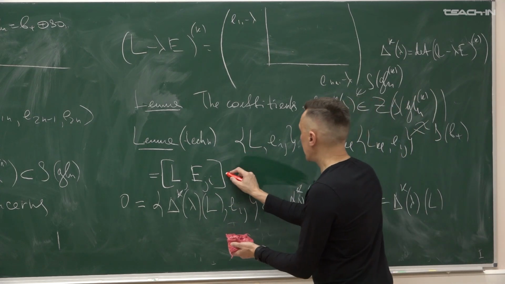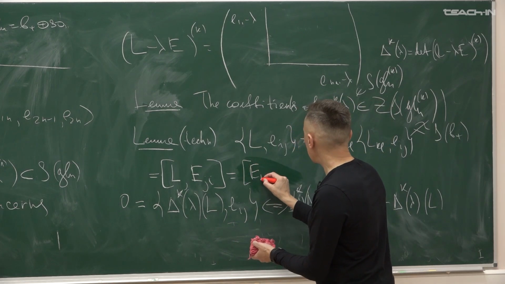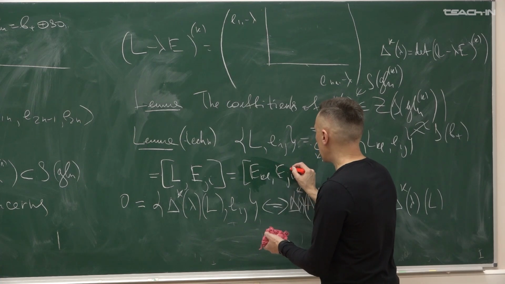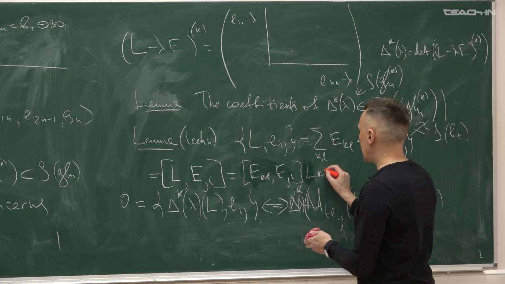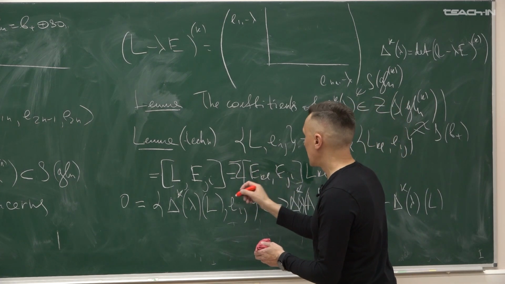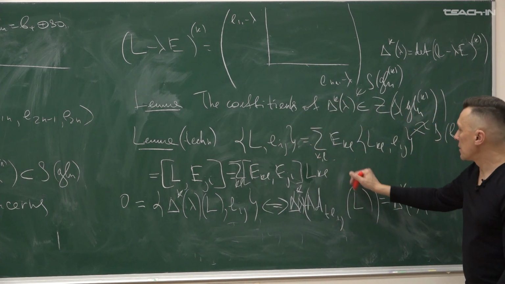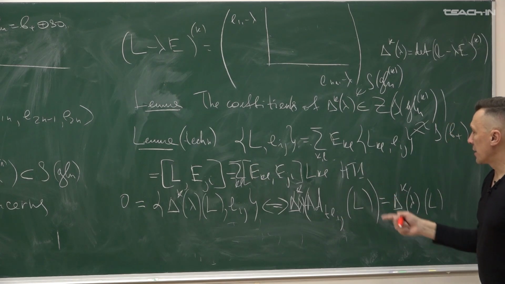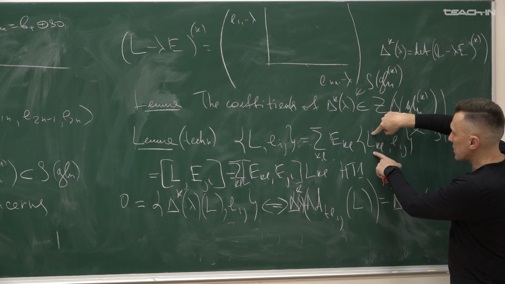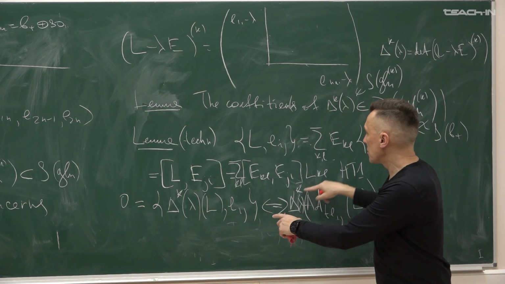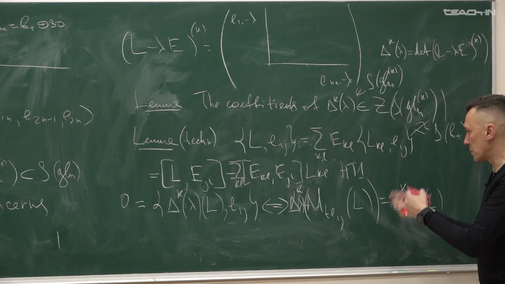So here it is a different thing. It is the commutator of EKL with EJI multiplied by ELK, and the sum over KL. So this lemma allows us to express the action of the Lie algebra element on the function by the action on the matrix. And it is quite simple to realize.